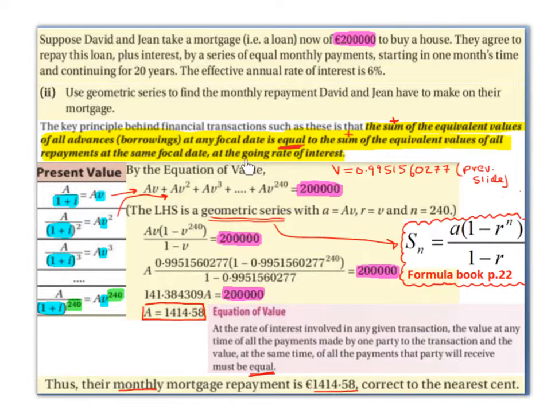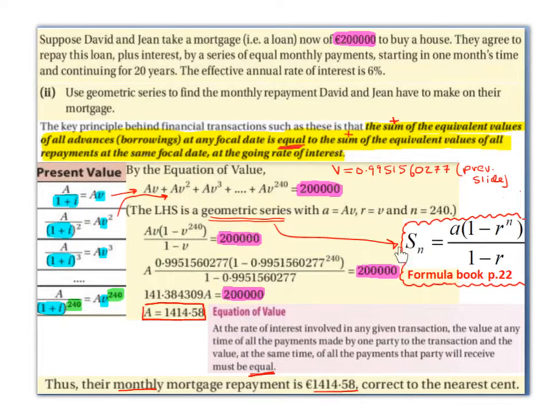So by the equation of value, we're going to add all these terms together and let them equal 200,000. So we have Av plus Av squared plus Av cubed plus dot dot dot plus Av to the power 240 equals 200,000.